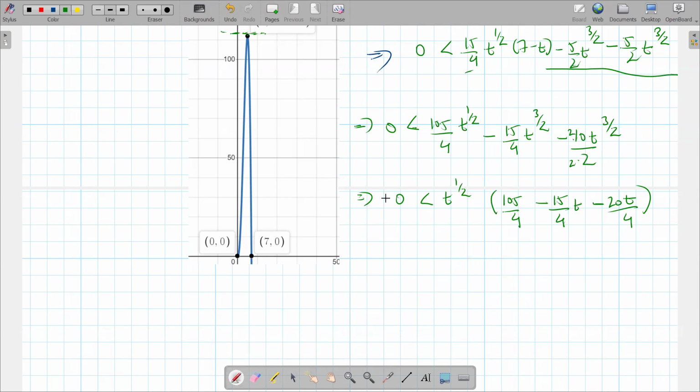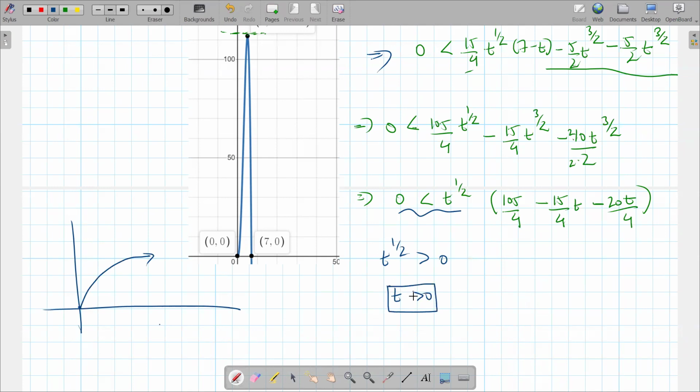So what this means is either this is bigger than 0. So when is the square root function, when are the y values of this function bigger than 0? When time is bigger than 0. That's one solution. The other solution is this.